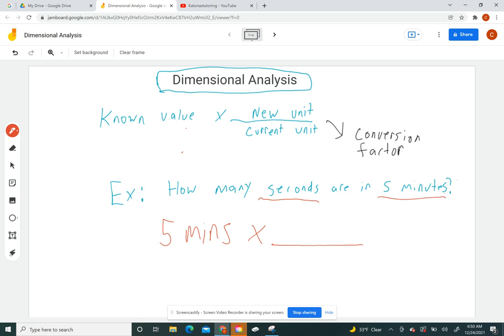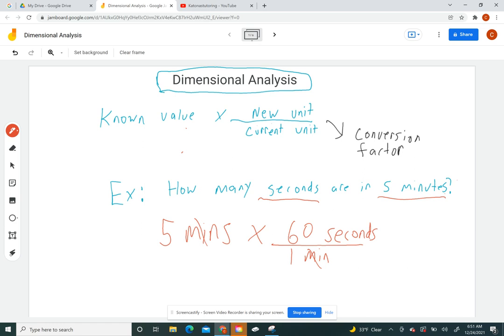So I know that 1 minute is 60 seconds. Now notice, like I said, the current value, minute, has to be on the bottom. My units must cancel. So my minutes cancels out with minutes, and I'm left with seconds, which is what I want. Now, all I'm going to do is multiply straight across.